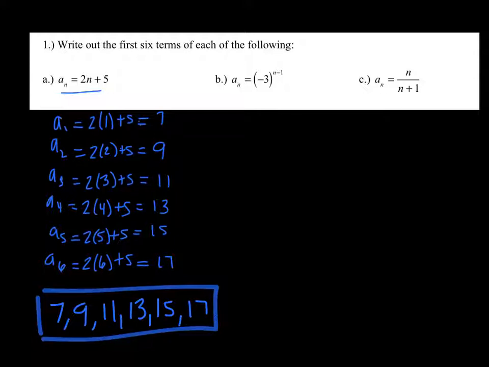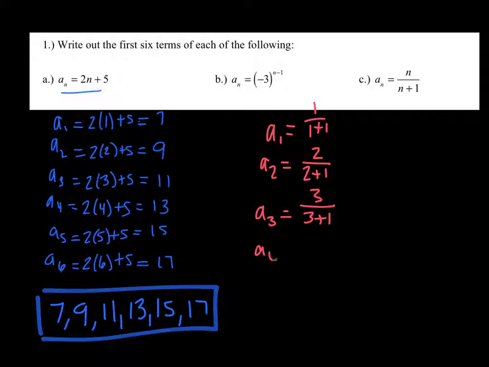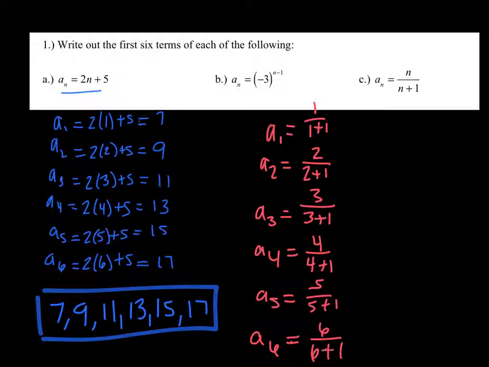So still finding the first 6 terms. a sub 1 is going to equal 1 over 1 plus 1. a sub 2 is going to be 2 over 2 plus 1. a sub 3 is going to equal 3 over 3 plus 1. a sub 4, or your fourth term, will be 4 over 4 plus 1. a sub 5 will be 5 over 5 plus 1. And a sub 6 will be 6 over 6 plus 1.